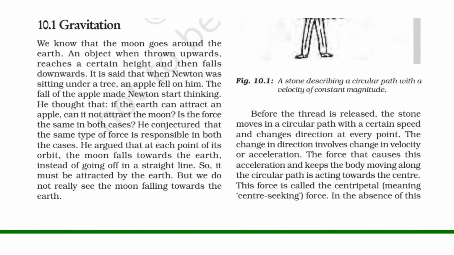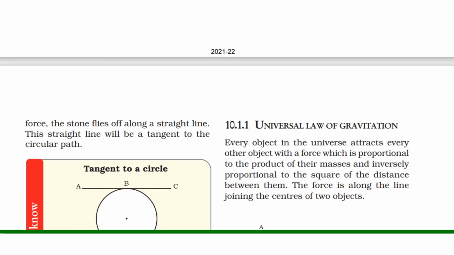The force is called Centripetal Force, meaning center-seeking force. In the absence of this force, the stone flies off along a straight line. This straight line will be a tangent to the circular path.